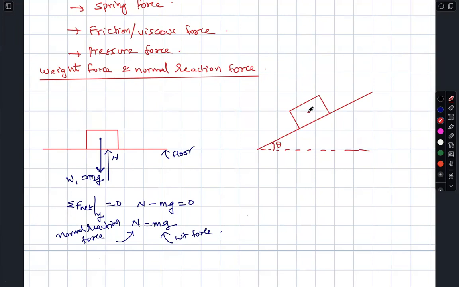In this case, whatever the position is, weight always acts vertically downwards. Now, this force you can resolve into two components. One is along the inclined plane. The other is normal to the inclined plane.